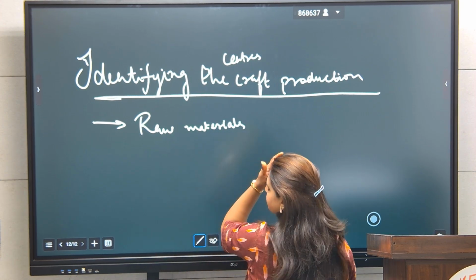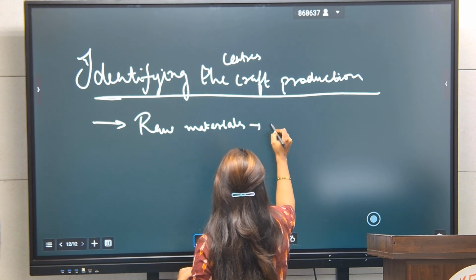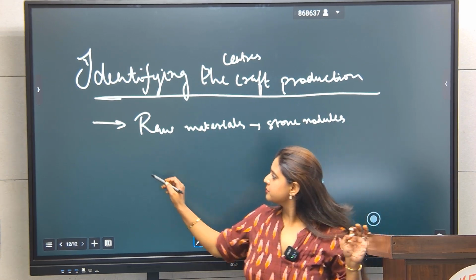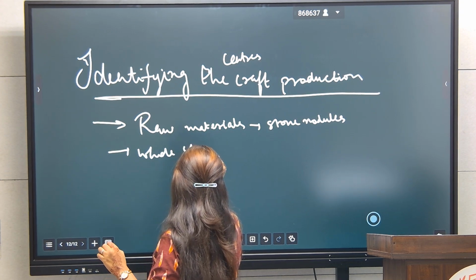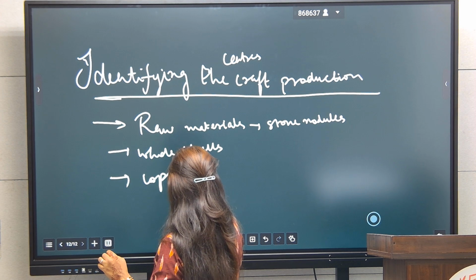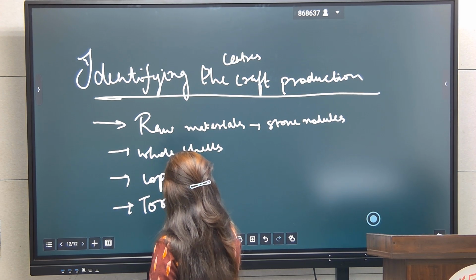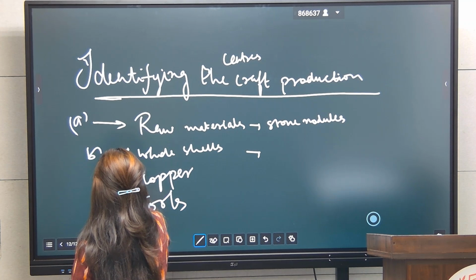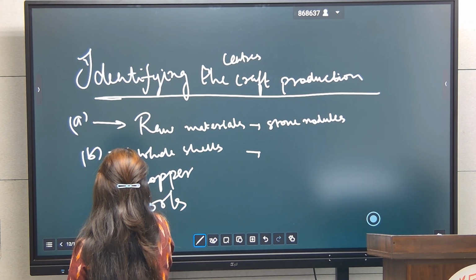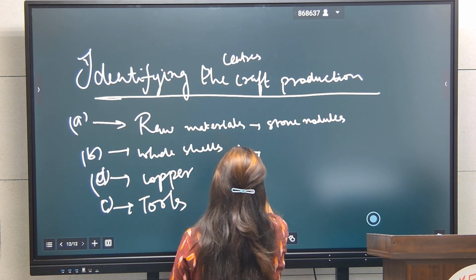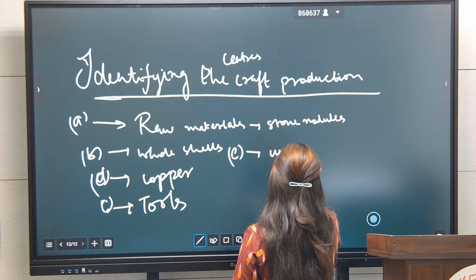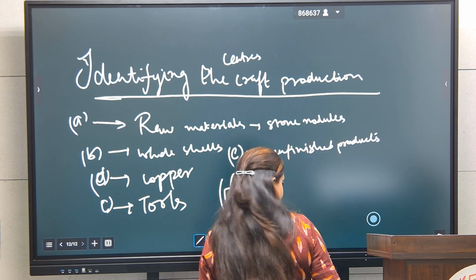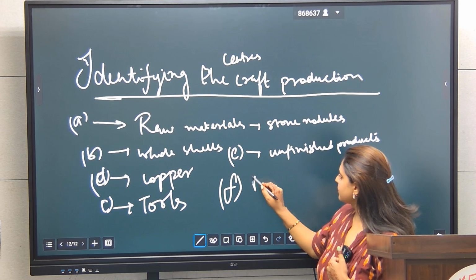The centers of craft production were identified by looking into raw materials such as stone nodules, whole shells, copper, tools, unfinished products, and rejects and waste material.